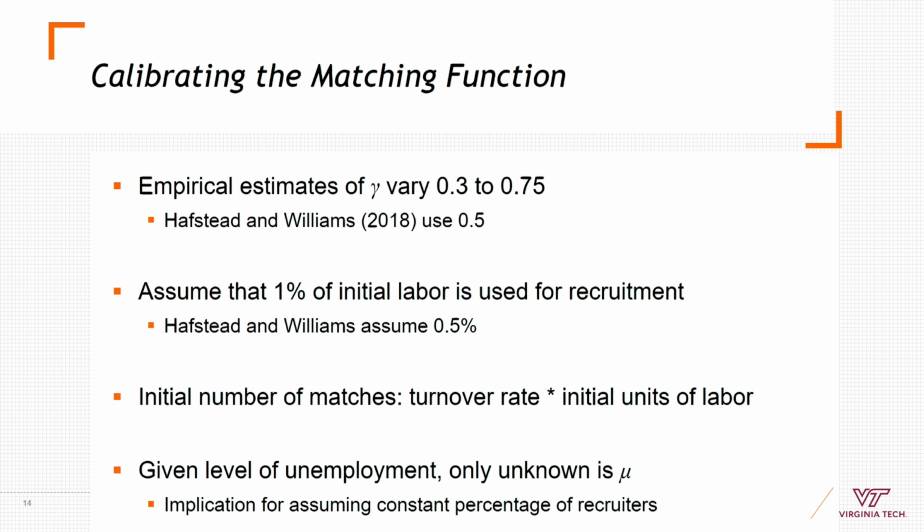Implicitly, sectors that have to replace a lot of people are more efficient at it than sectors that don't. So mu varies between sectors depending on the turnover rate.